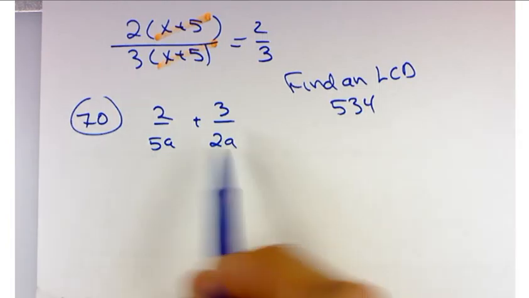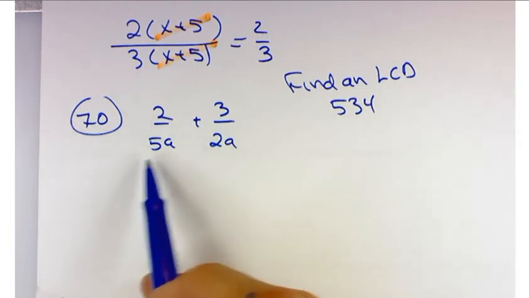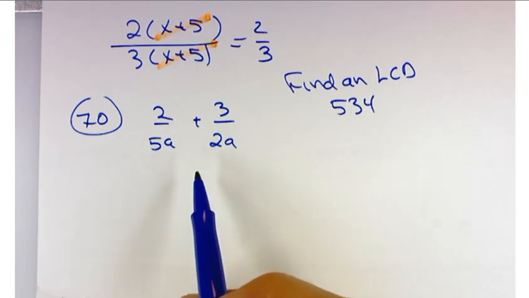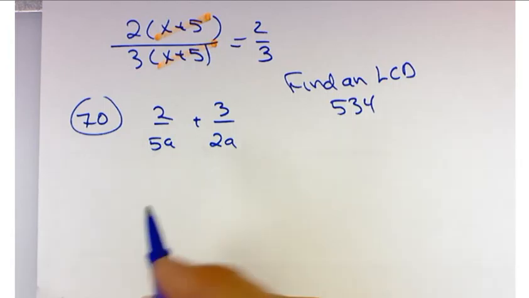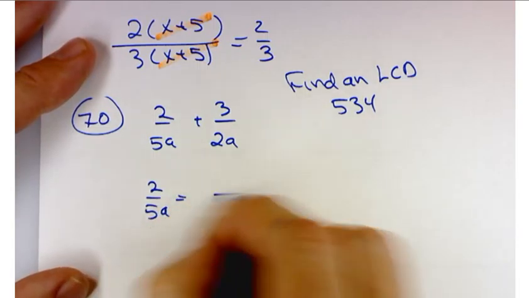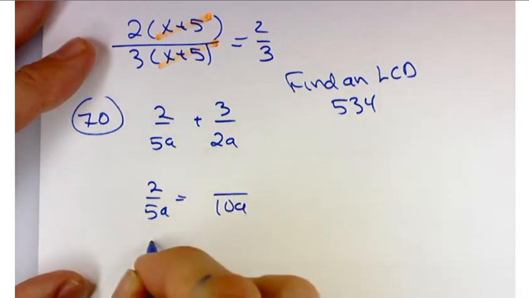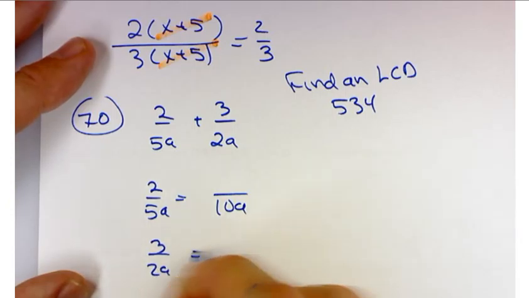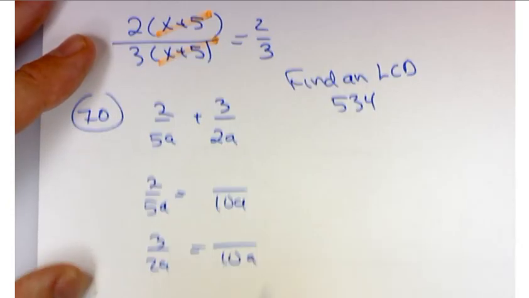Well, a is going to be part of our common denominator. What's the number part of our LCD going to be? 10. So I want to convert 2 over 5a to something over 10a, and 3 over 2a to something over 10a.